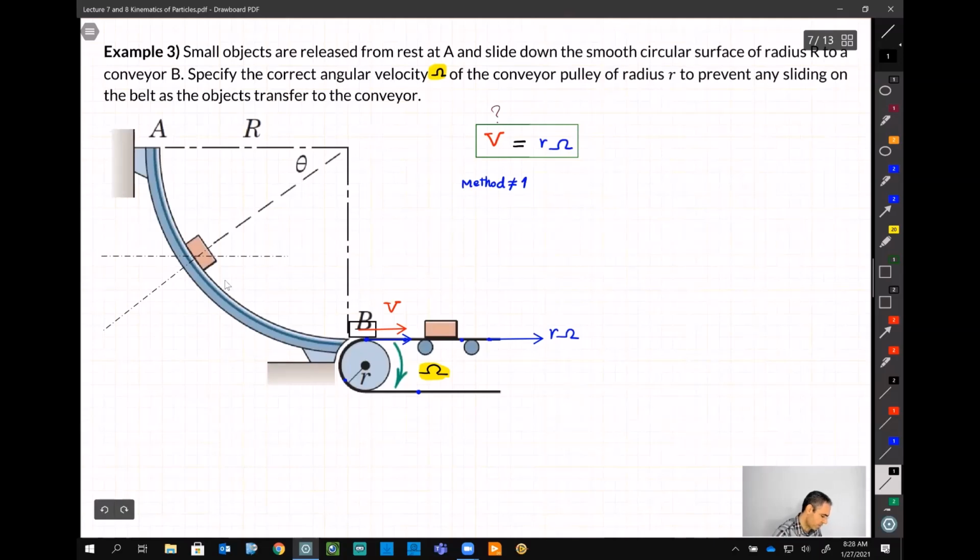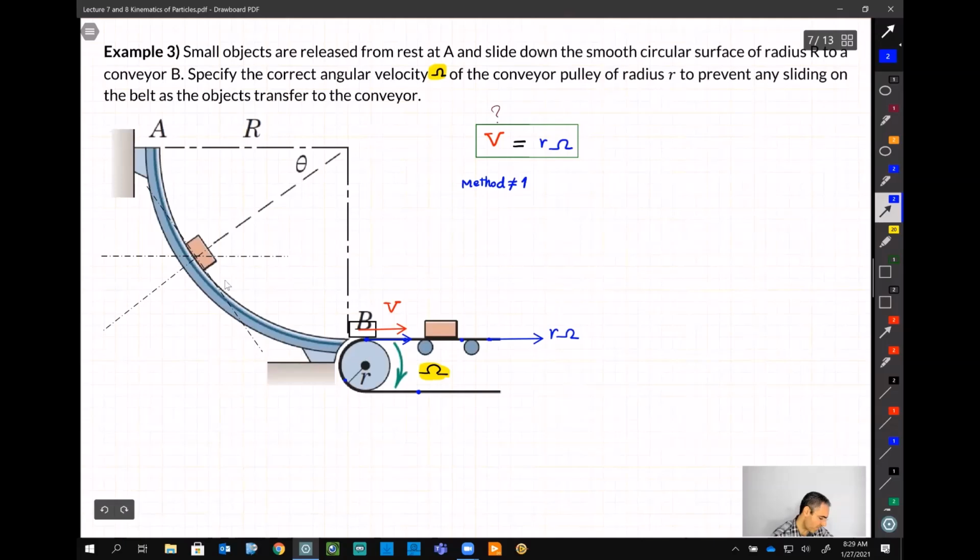And then I also draw a vertical line. Oh, we don't need a vertical line, just a tangential line. Okay, so I just draw this line so I know what is what.